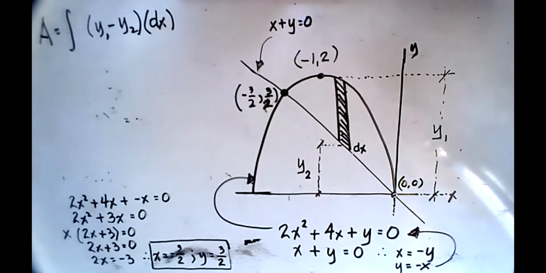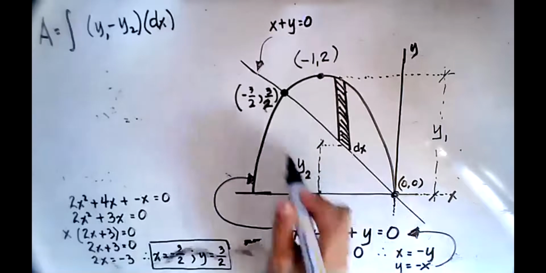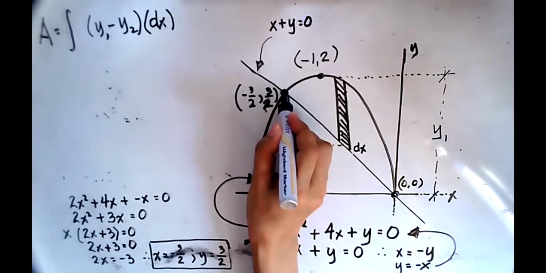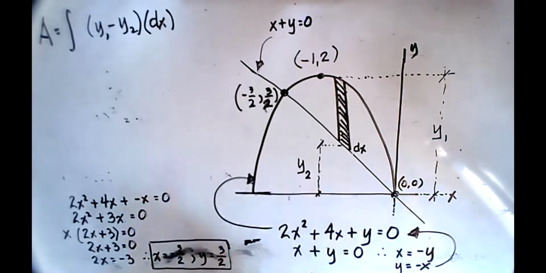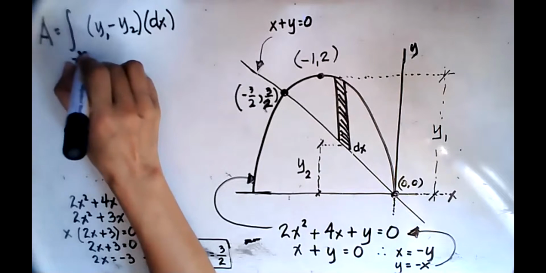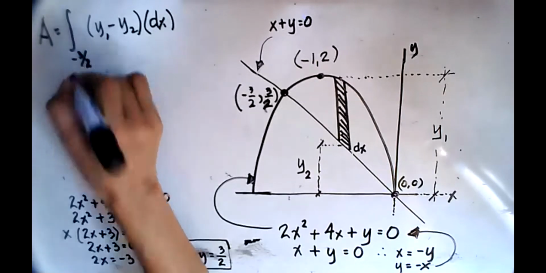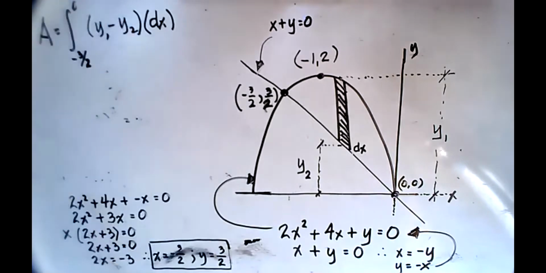Now, our limit will be from this point to this point. So the minimum value of x is negative 3 halves. That means the lower limit. And then, of course, you have 0, which is our upper limit.